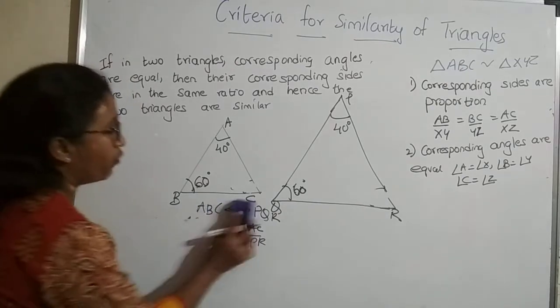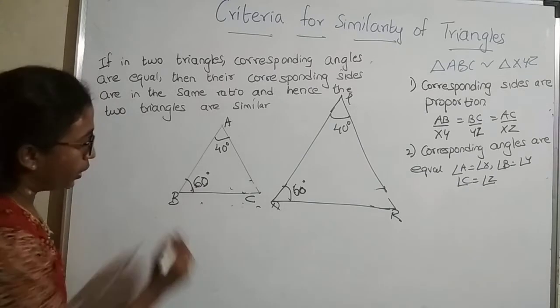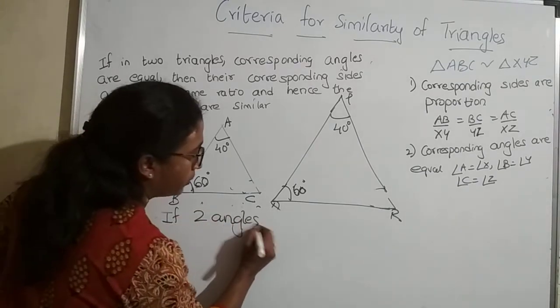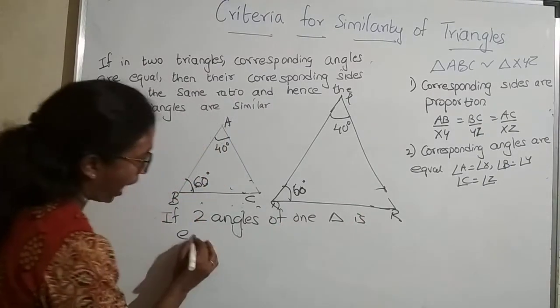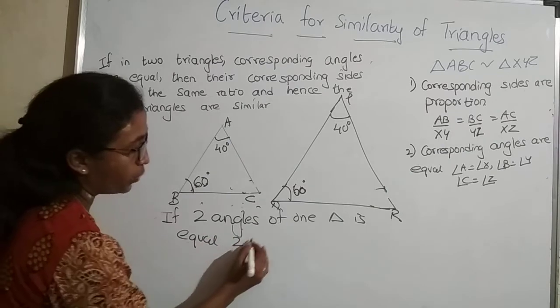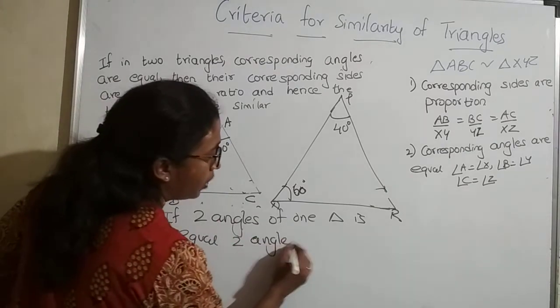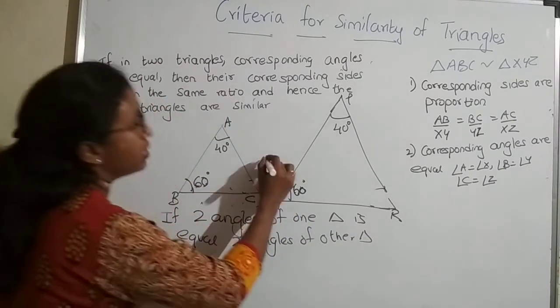So here we can frame that even if two angles of one triangle are correspondingly equal to the two angles of the other triangle, then we can say that the two triangles are similar.